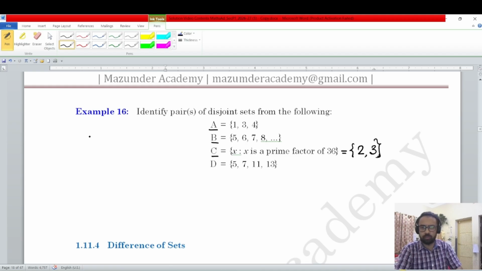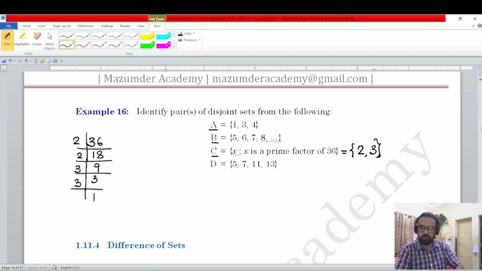If you remember from school, from previous classes we studied, how we find prime factorization. So 2, 18, then again the prime number 2, 9, then 3, then 3, then 3, 1.